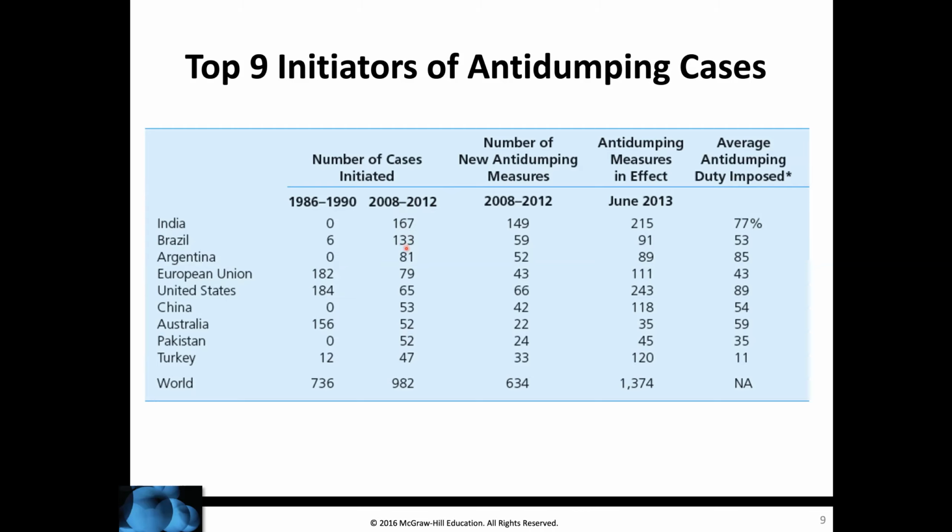Brazil wasn't too far behind. The number of anti-dumping measures put in place by the dumpee nation, the importing nation, you can see here are 149 from 2008 to 2012. India instituted 149 anti-dumping measures against other countries that were exporting.